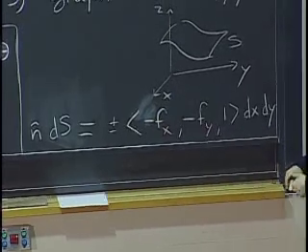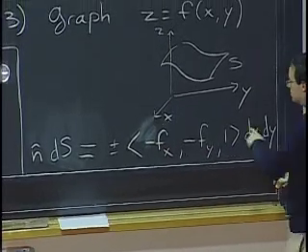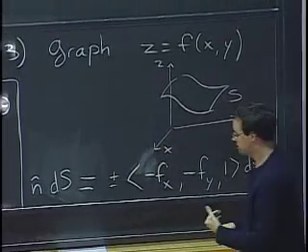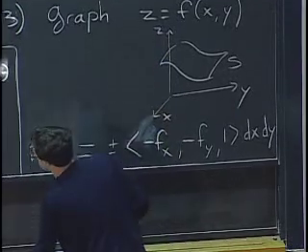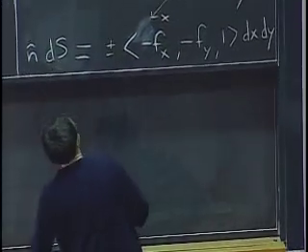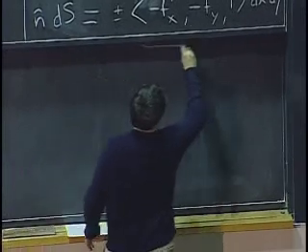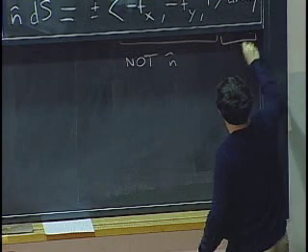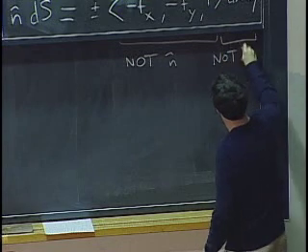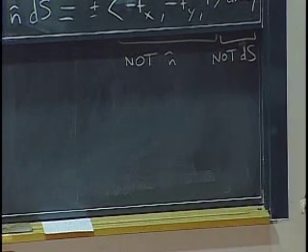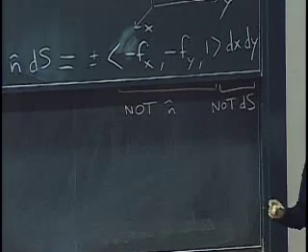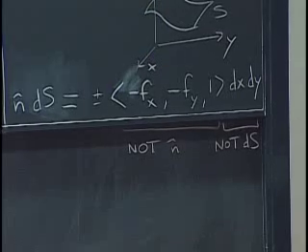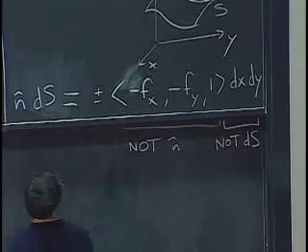What's the normal vector? You take this vector and you scale it down to unit length. Just to emphasize, this vector here is not n, and this factor here is not dS. Each of them is more complicated than that, but the combination simplifies nicely. And that's good news for us.